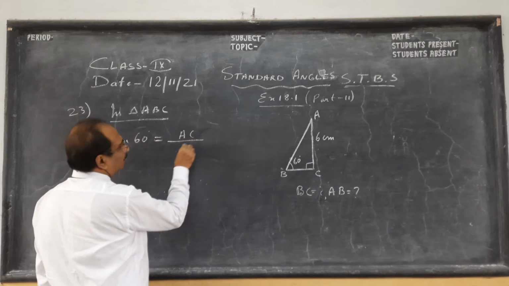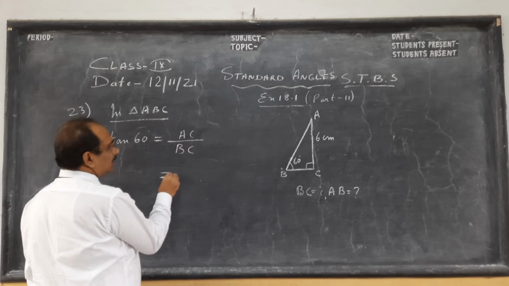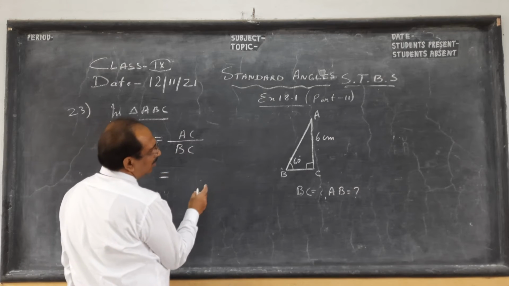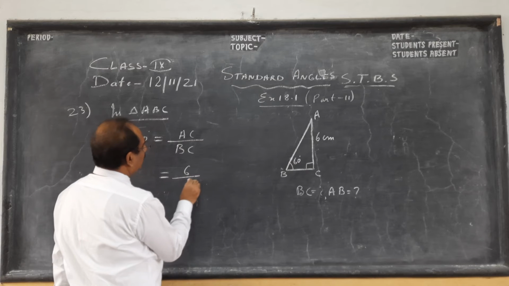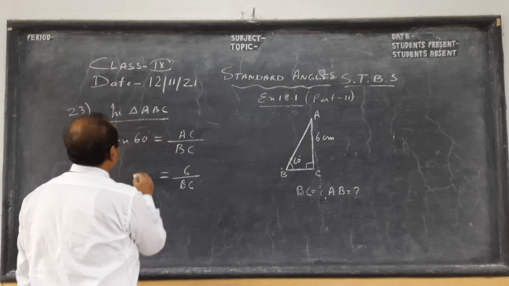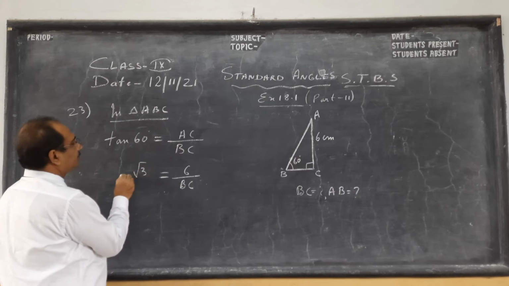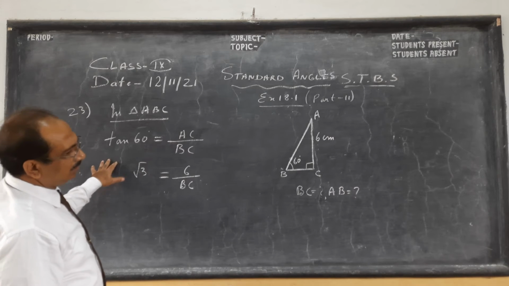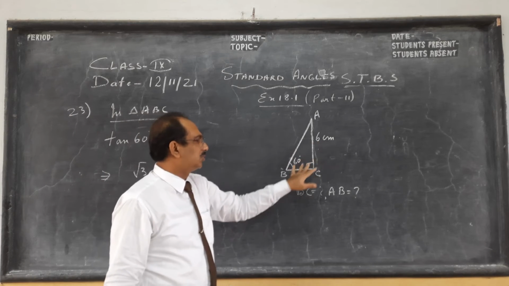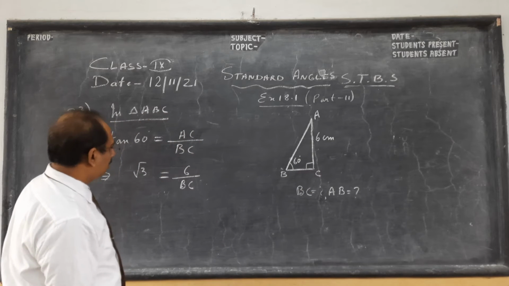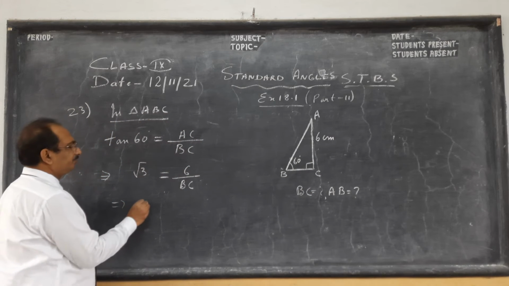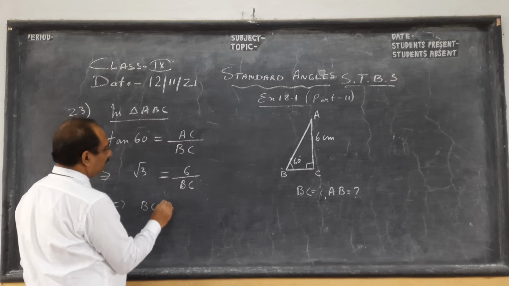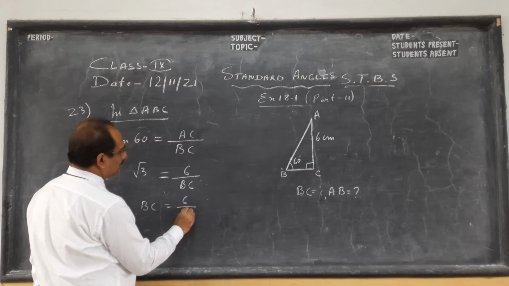What is AC, children? AC is 6, and BC we have to find out. Tan 60 is root 3, which is root 3 by 1. So BC goes up and root 3 comes down.